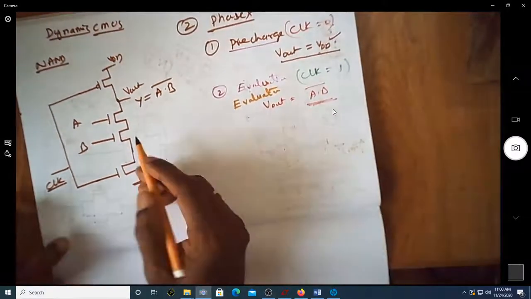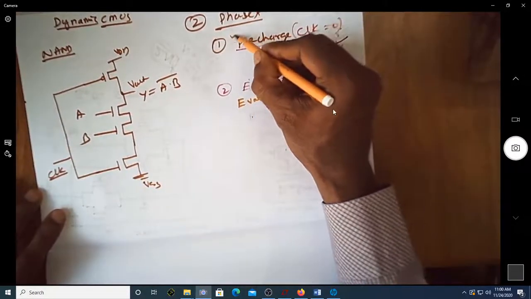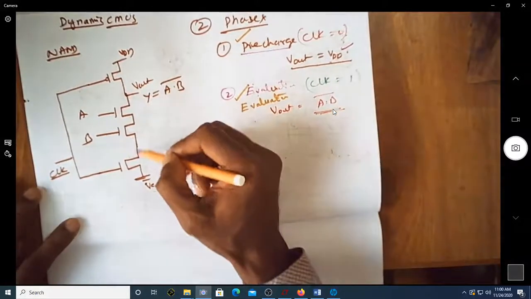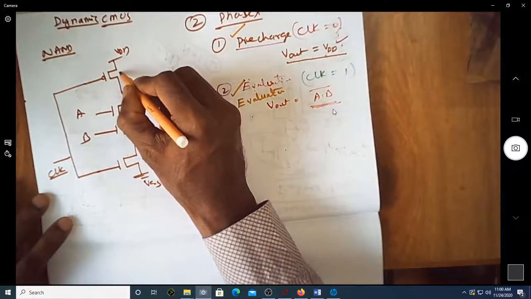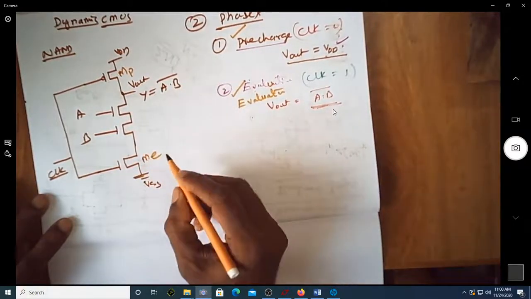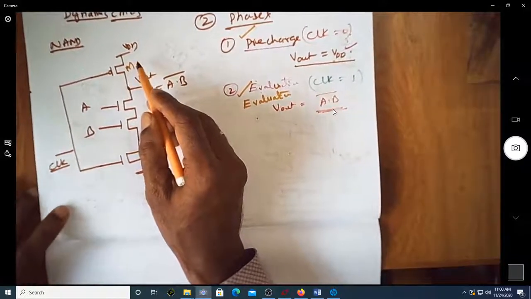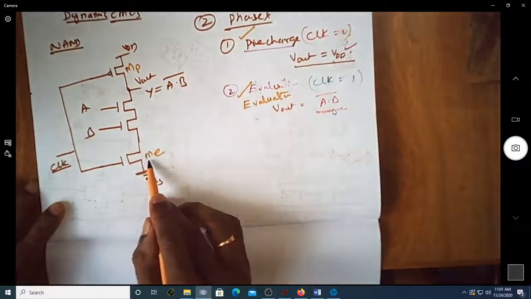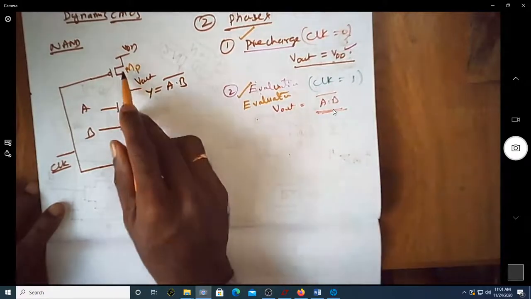Now, at any point of time, whether you are in the pre-charge or evaluation condition, one of the transistors is on. If I call this MP and this ME, ME is the evaluation transistor, MP is the pre-charge transistor. During pre-charge this is on, this is off. During evaluation this NMOS transistor is on, PMOS is off.